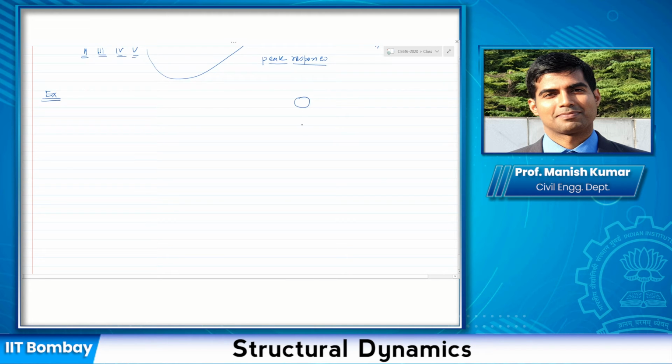So what we have here, let us say this is a representation of a water tank. The mass of this tank is 1650 kg. And you have here a steel pipe which is holding this mass.